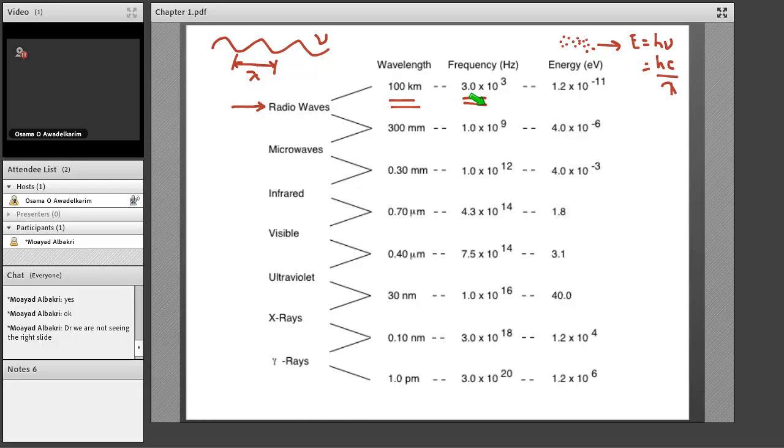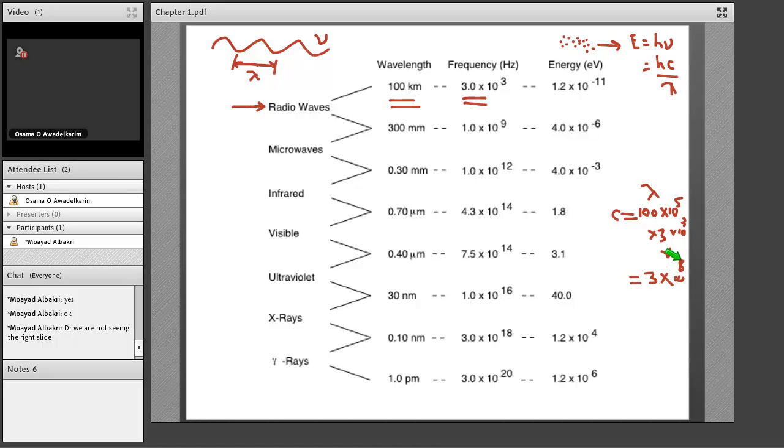So lambda is 100 kilometers, which is 100 times 10 to 3 meters, and the frequency is 3 times 10 to 3, which gives the speed of 3 times 10 to 8 meters per second, the speed of light.